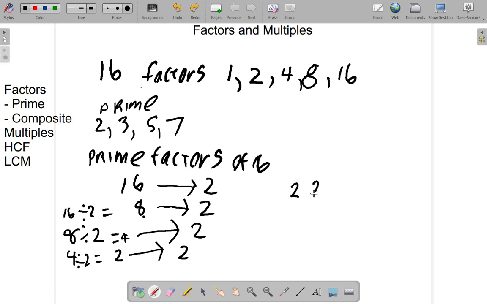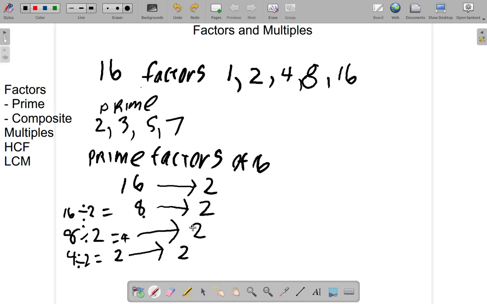There's 2, 2 again, 2 again, 2 2's 4, 4 2's 8, 2 again. Now, all these prime numbers multiply each other to give 16. So these are the prime factors of 16. 2 by 2 is 4, 4 by 2 is 8, 8 by 2 is 16. Okay, good.